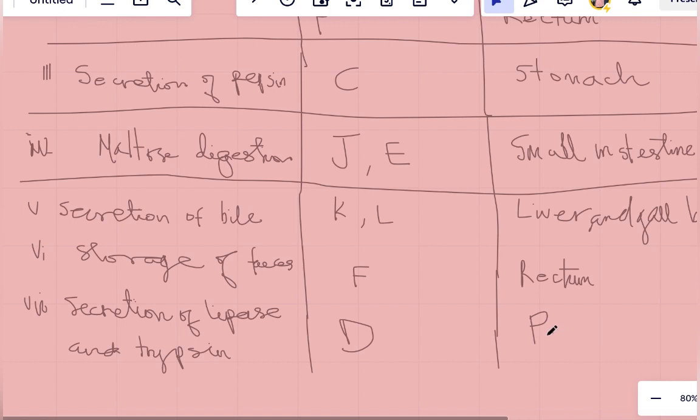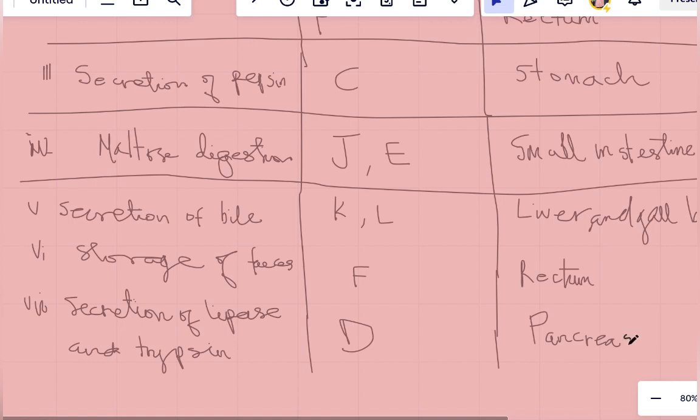If your pancreas has problem, you will not be able to secrete the enzyme called lipase, and you will not be able to secrete the enzyme called trypsin. So what that implies is that you have problem digesting fatty food, and you also have problem digesting the remaining protein that didn't finish their digestion in the stomach, because the trypsin is to finish up what the pepsin could not finish in the stomach.